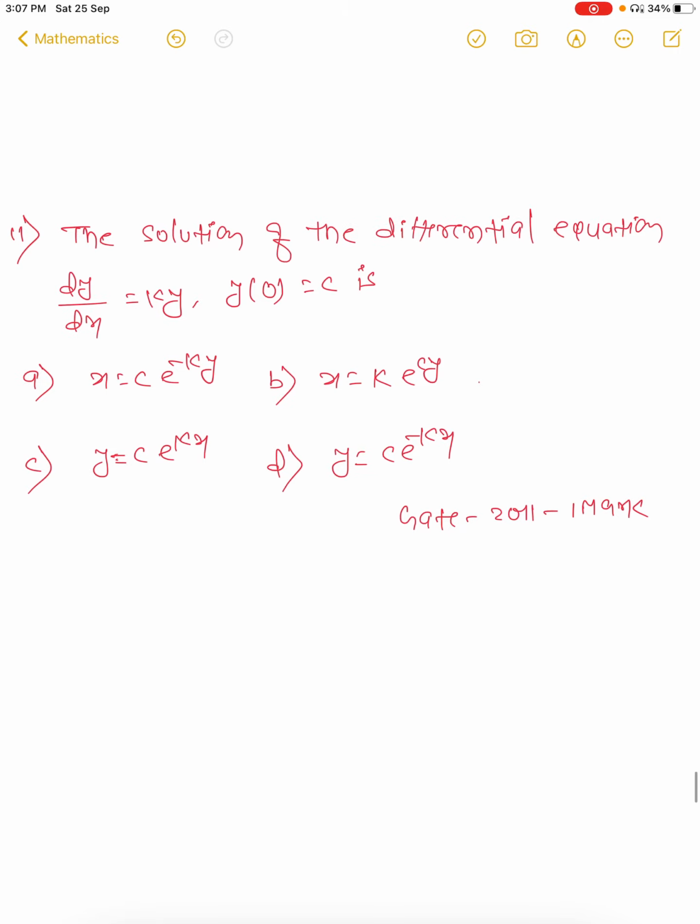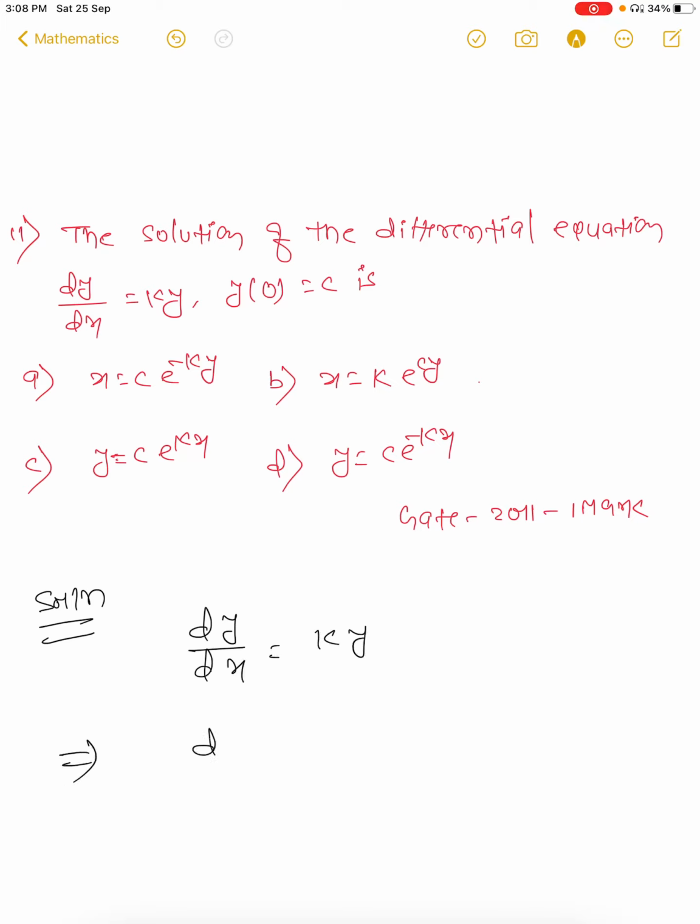The solution of the differential equation dy/dx is equal to ky, y(0) is equal to c. So here, check it. dy/dx equal to ky.